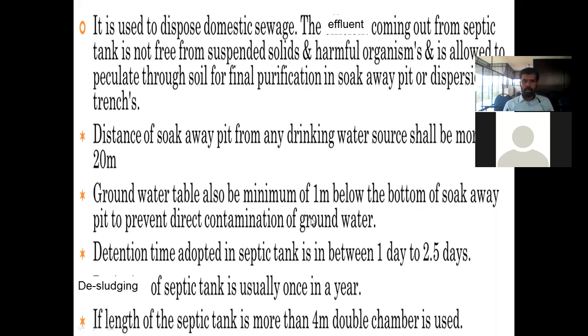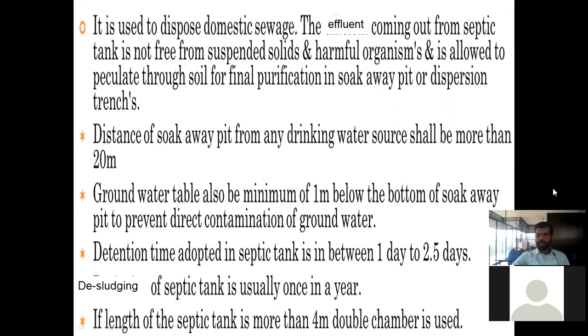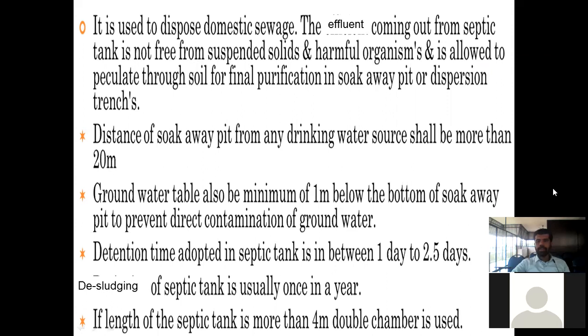There is a proper arrangement and proper dimensions. Let us see some important points regarding the septic tank.